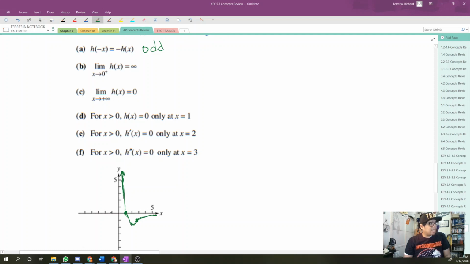Now the negative side's got to be the same except for reversed and upside down. So here we're going to have a horizontal tangent line at about 2, and then 3 and negative 1, or now positive 1. That's going to be our point of inflection.